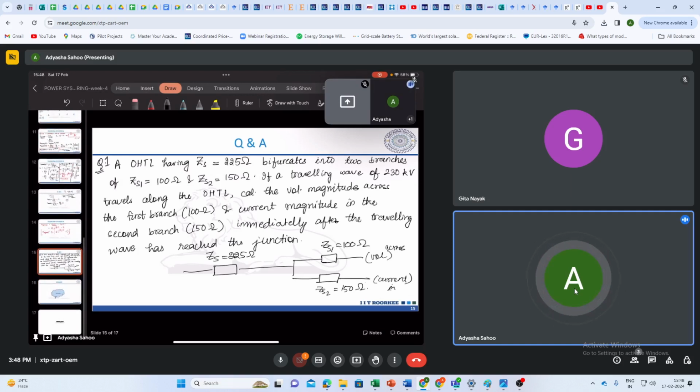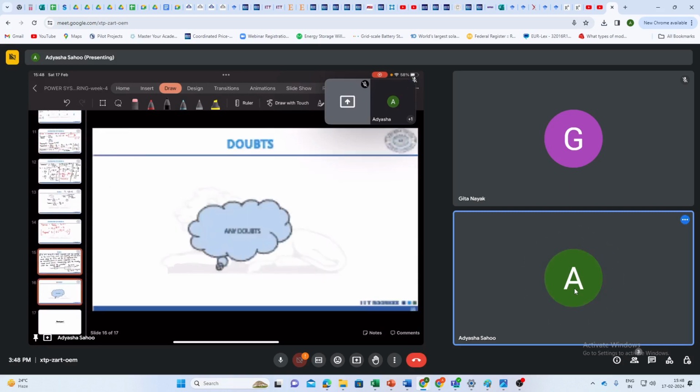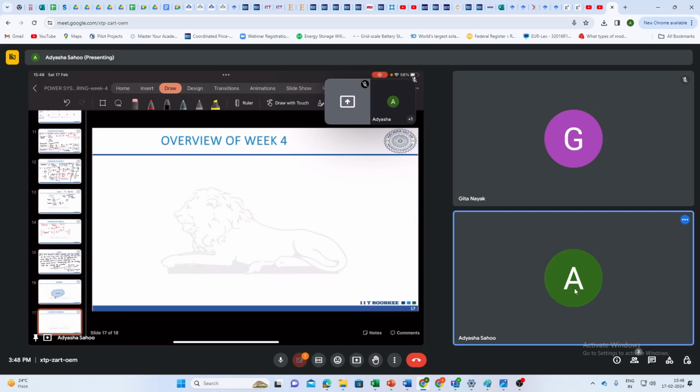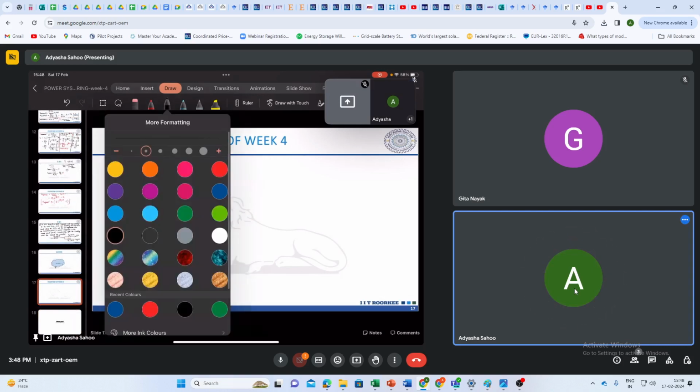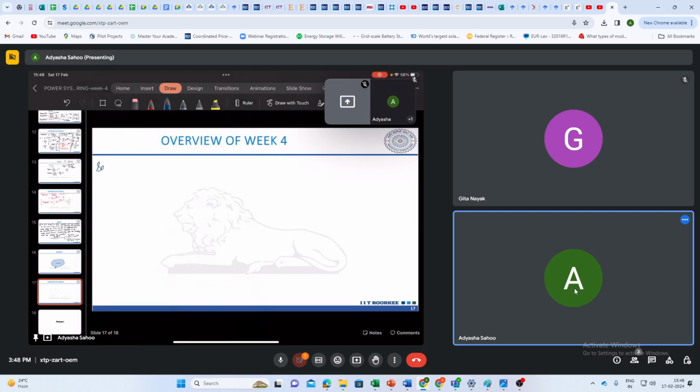So let me insert one slide here. Solution 1. We have the incident voltage, that is your V forward, as 230 kV and the rest of the things are given.